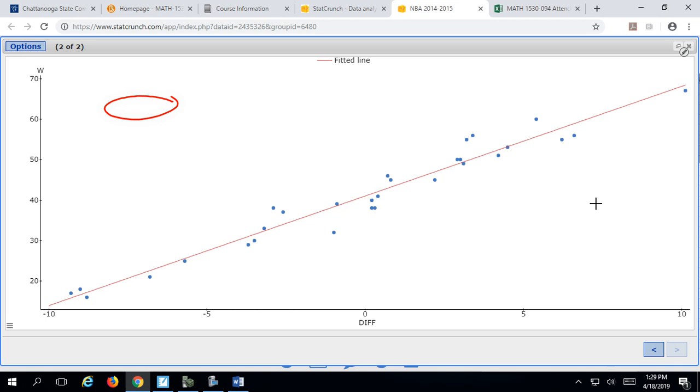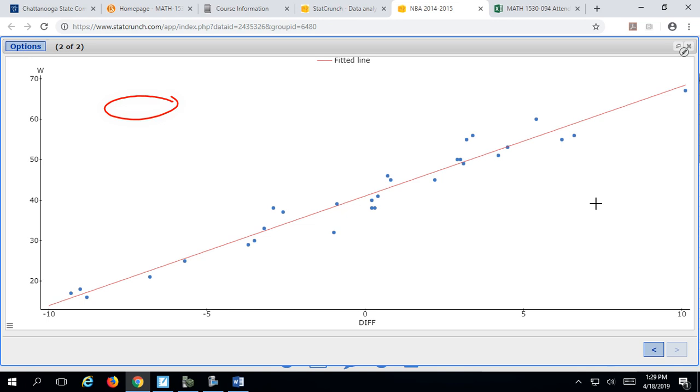But in general, though, this gives us a really good picture of this line. If you have your mouse over the line, it'll tell you the equation.